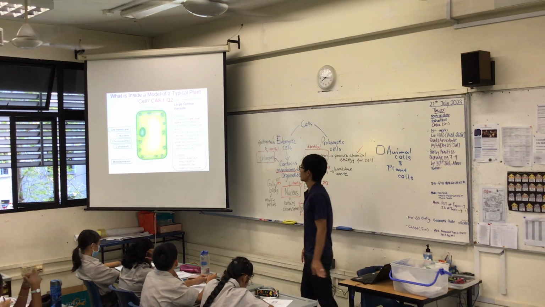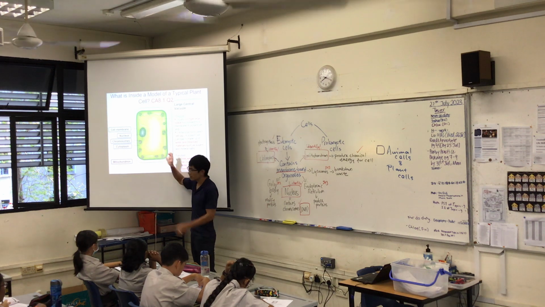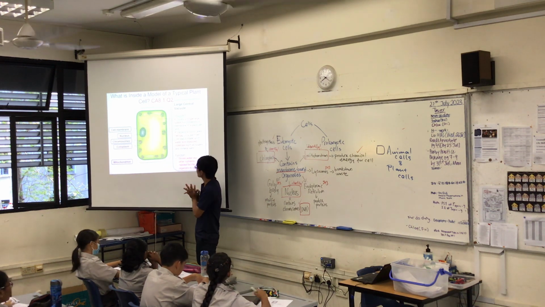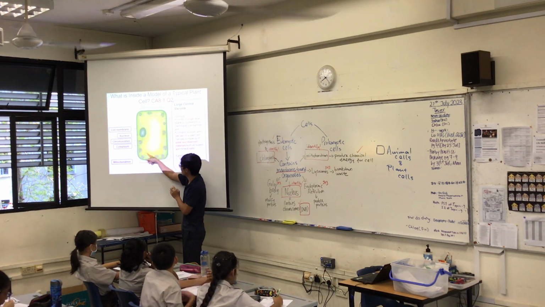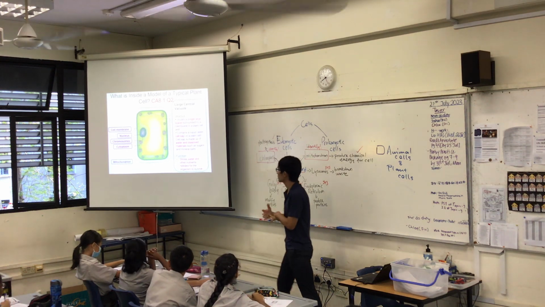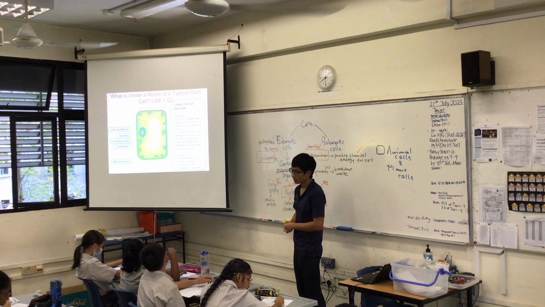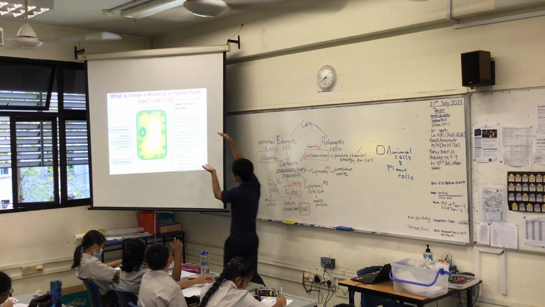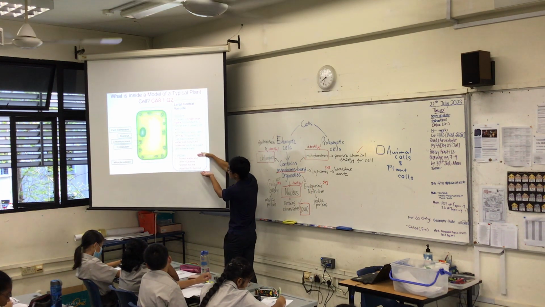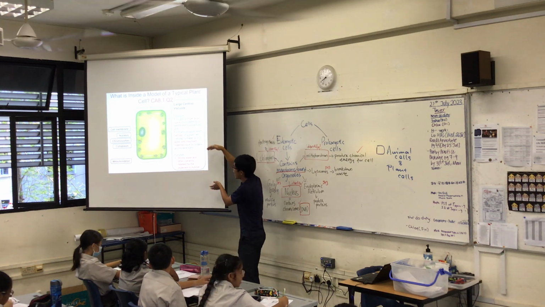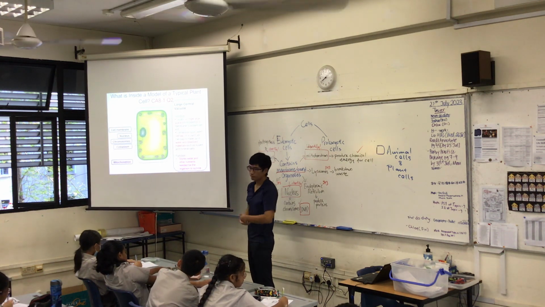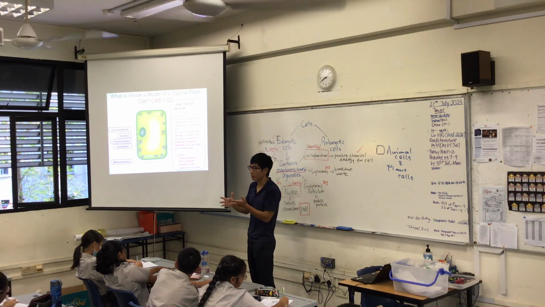For one, the vacuole in plant cells are not numerous and small. It just has one big one in the middle to store as much water as possible. We have given you the structure. The function is what I want you to focus on. Why have such a big vacuole? So that it can store lots of water to keep it very firm.